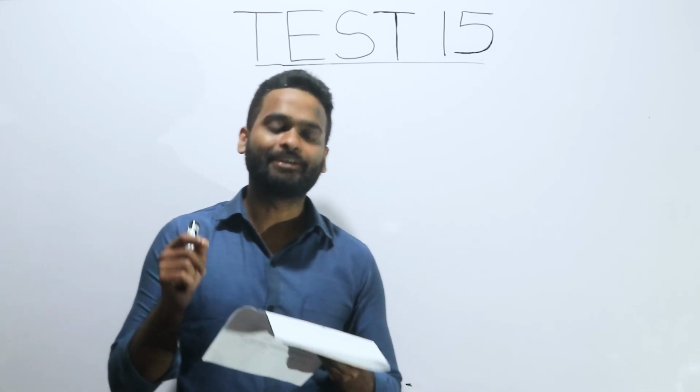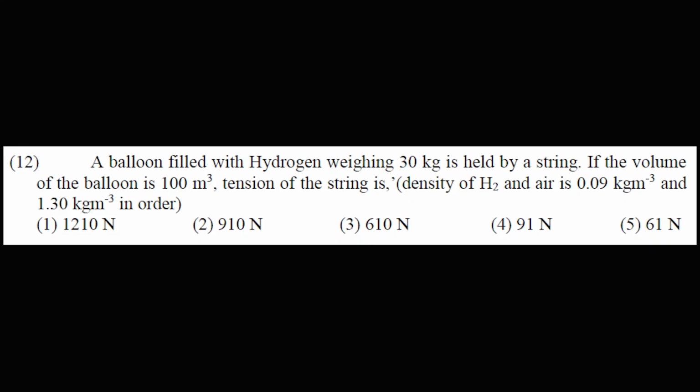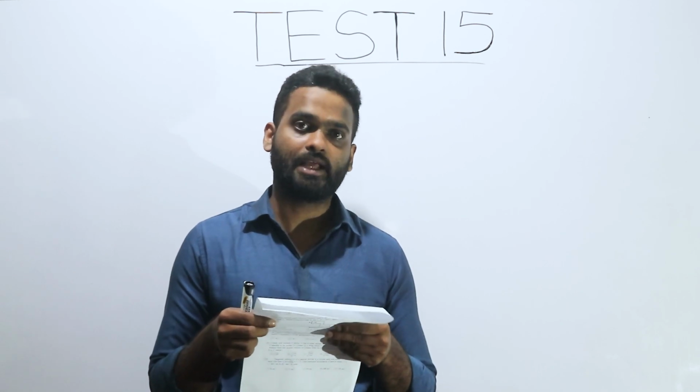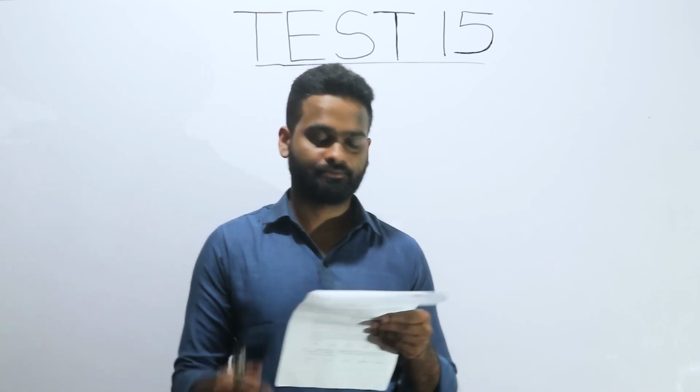A balloon filled with hydrogen weighing 30 kg is held by a string. If the volume of the balloon is 100 cubic meters, the tension of the string is? The density of hydrogen and air is given.